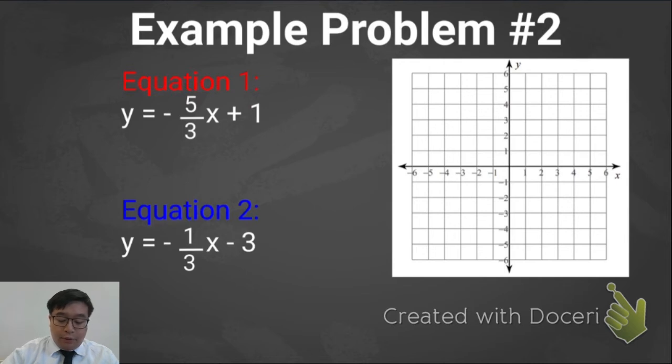Looking at equation 1, if this is my b value, where should my starting point be? I need to move up 1 spot to 0, 1. Now let's take a look at the slope. Which direction do I need to move in order to reach my next point? Since my slope is -5/3, I need to move down 5 spots, down because it's negative, and I move to the right 3 spots.